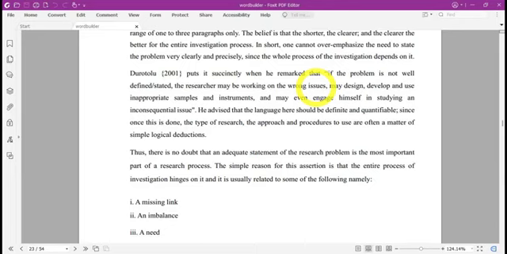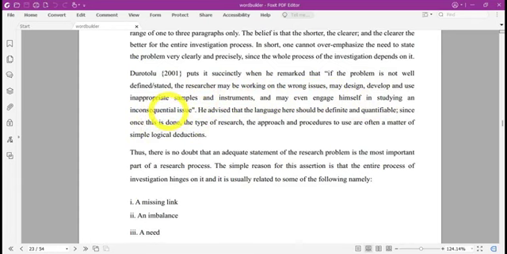So it has to be well defined. He may be working on the wrong issues, may design, develop and use inappropriate samples and instruments, and may even engage himself in studying an inconsequential issue.